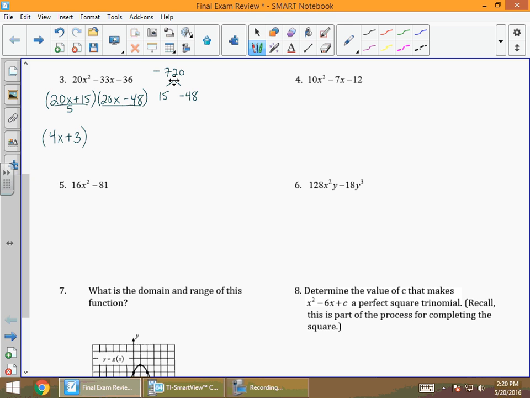And this side, it looks like they're both divisible by 4. I divide them both by 4. 20x divided by 4 is 5x minus 12. And that is your factorization.